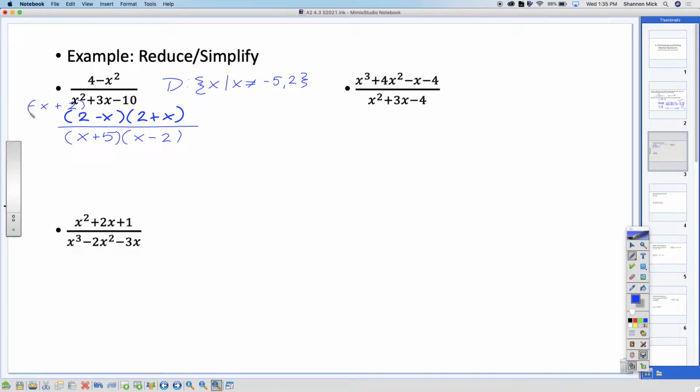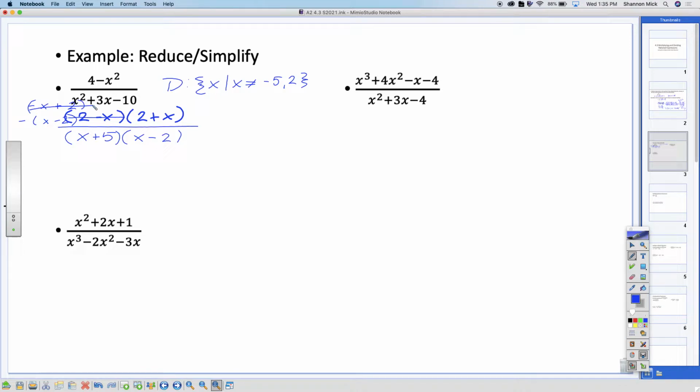Okay? So I changed this, but now I still have negative x and positive 2. But can I factor out a negative? Yeah. If I factor the negative out, I get negative x minus 2, don't I?